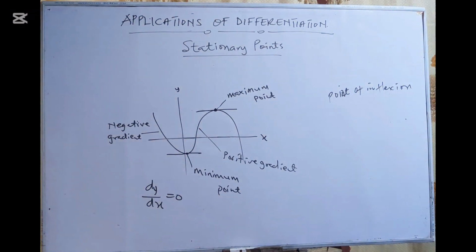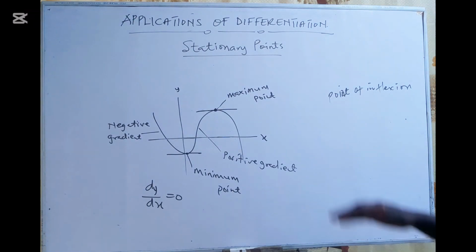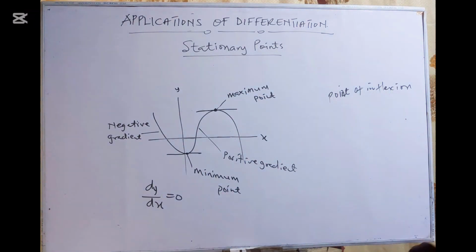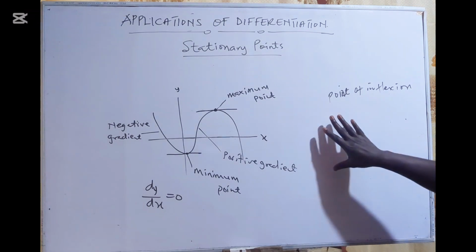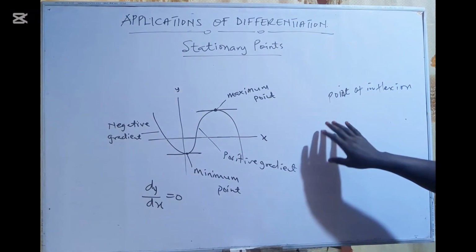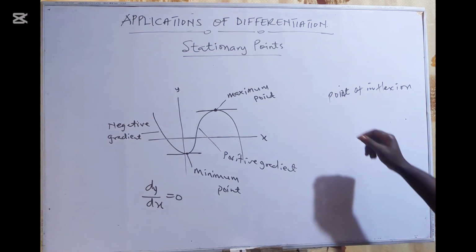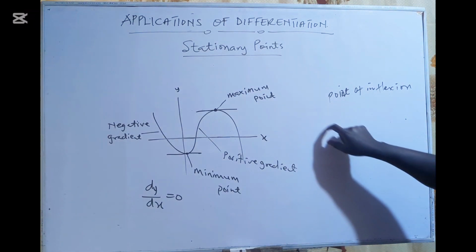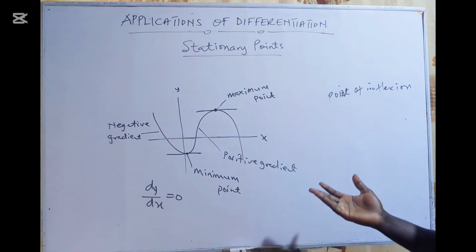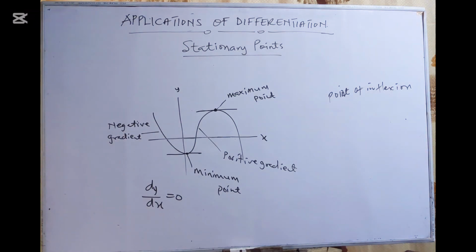So how are we going to get the maximum or the minimum point? When you are given a function for a curve, what you are going to do is differentiate the function, and then you equate it to 0, so that you find the value of x.